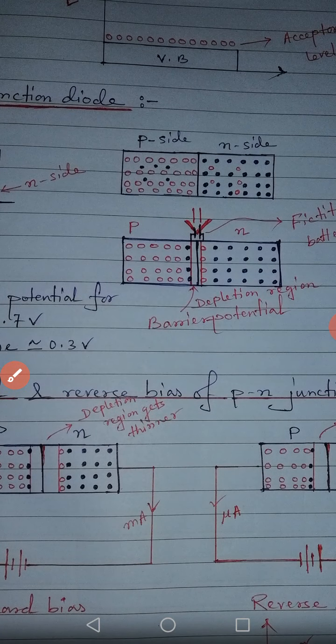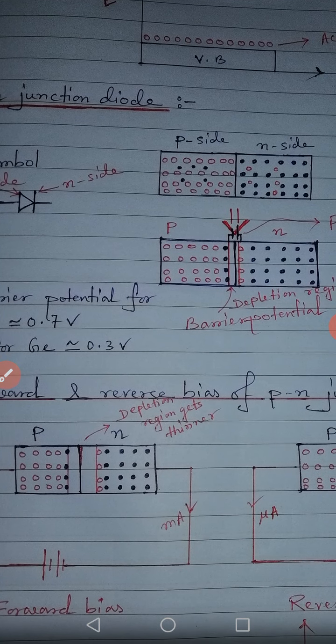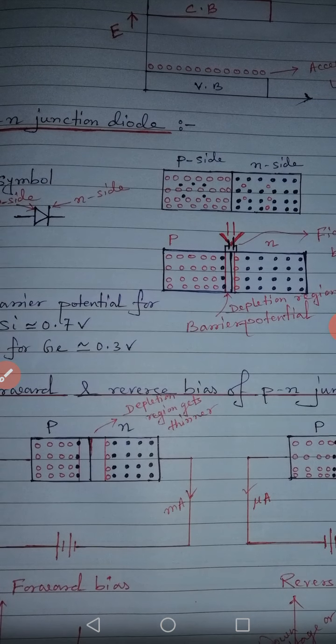On the n side, the majority carriers are electrons. The blue dots are electrons, and the red circles, only a few in number, are holes.